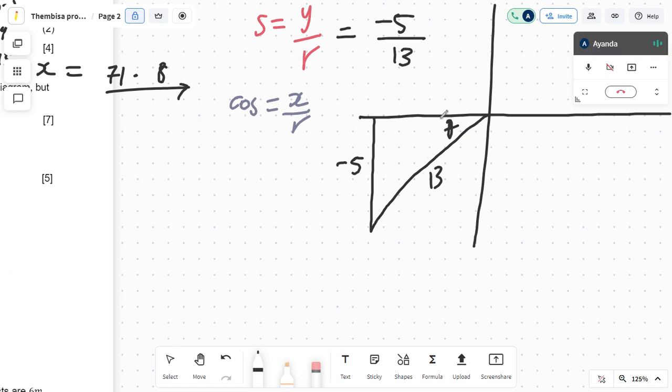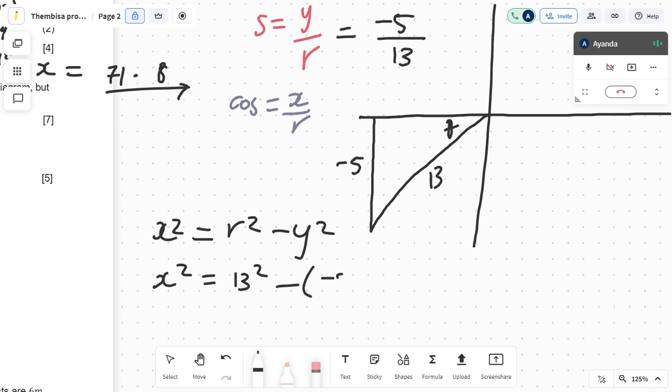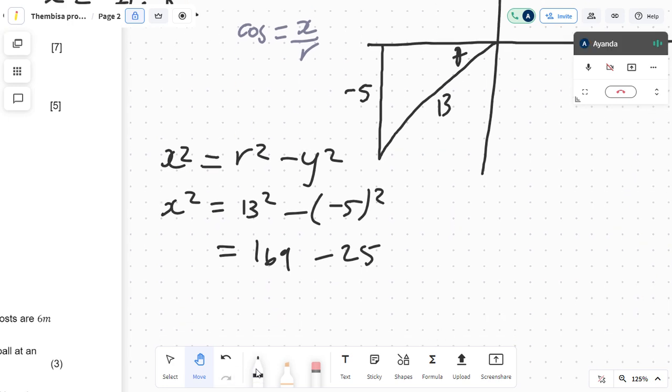And in order to find the value of x, we're going to have to use Pythag. So x squared is equal to r squared minus y squared. So x squared is going to be 13 squared minus negative 5 squared. So that is 169 minus 25, and that gives us 144.